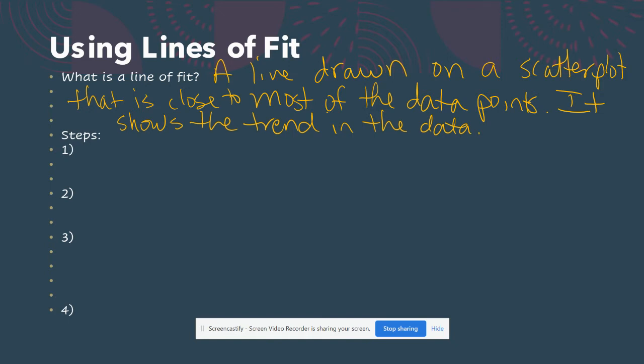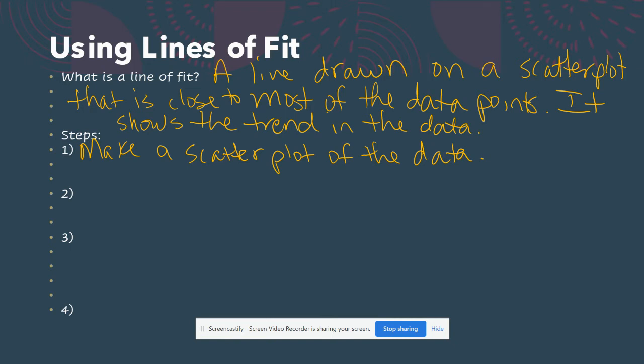So what are the steps to making a line of fit? Well, the first thing you need to do is make a scatter plot of the data. Remember, we don't connect the dots.